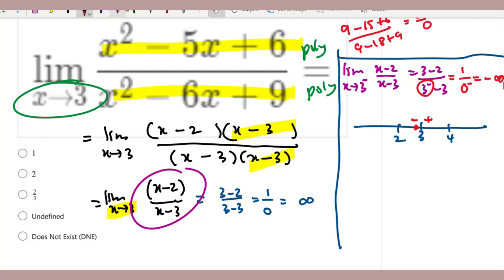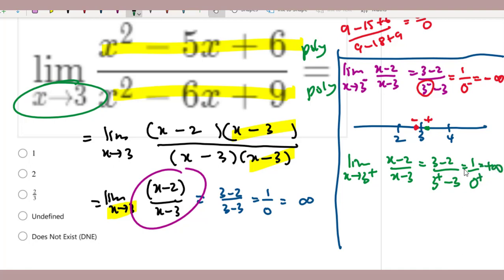Let's do the right hand side. When x approaches 3 from the right, x minus 2 over x minus 3, the value from the right is 3.001. So 3 minus 2 over 3 from the right minus 3. This is more than 3, so minus 3 is equal to 1 over 0 on the right hand side, so positive infinity.